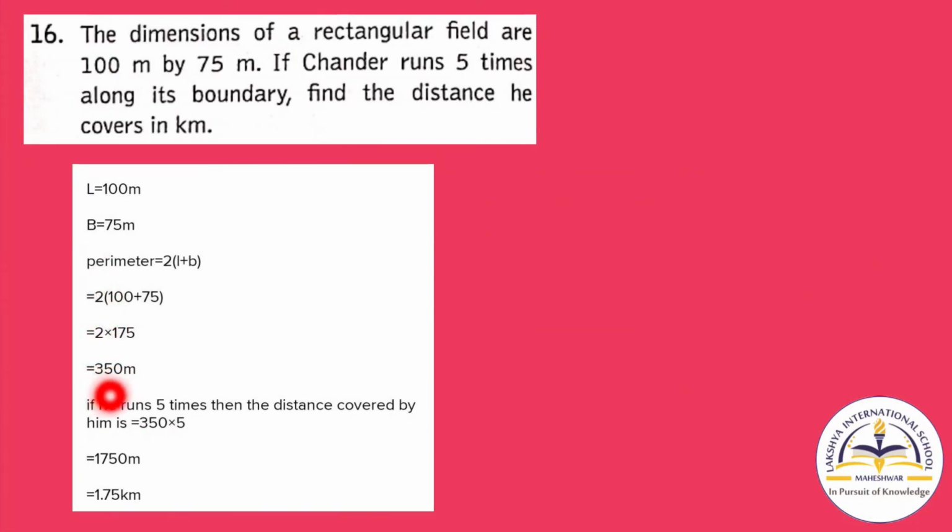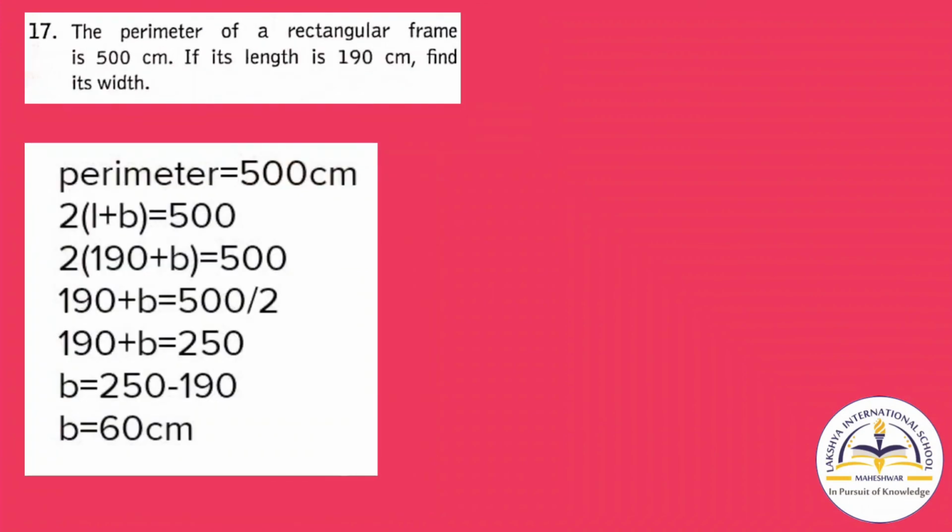So the perimeter will be equal to 350, and here it is given 5 times along the boundary. So we have to multiply 350 into 5. So whatever the value will be, that will be 1750 meter. Now you have to convert it into kilometer, that will be 1.75 kilometer. Now question number 17, in the same manner you have to solve.